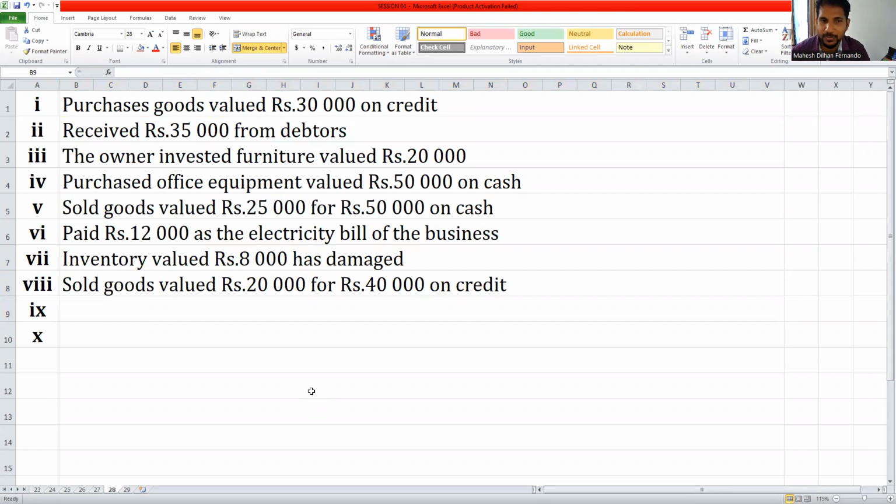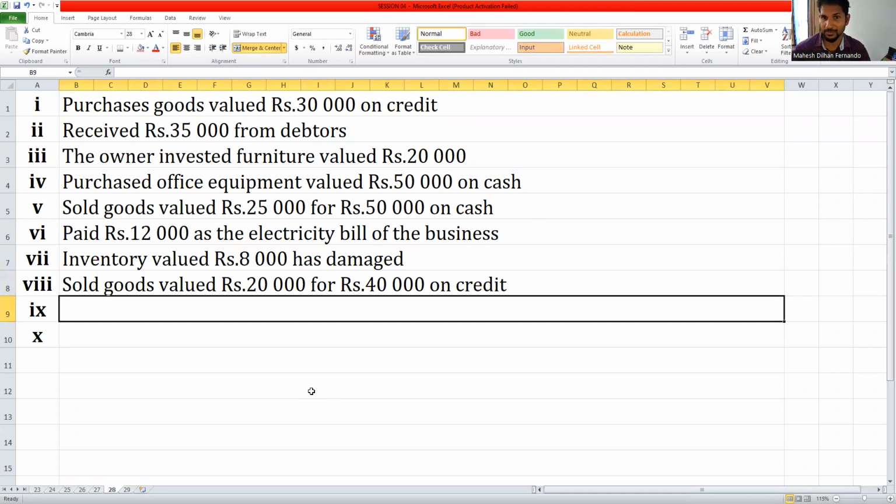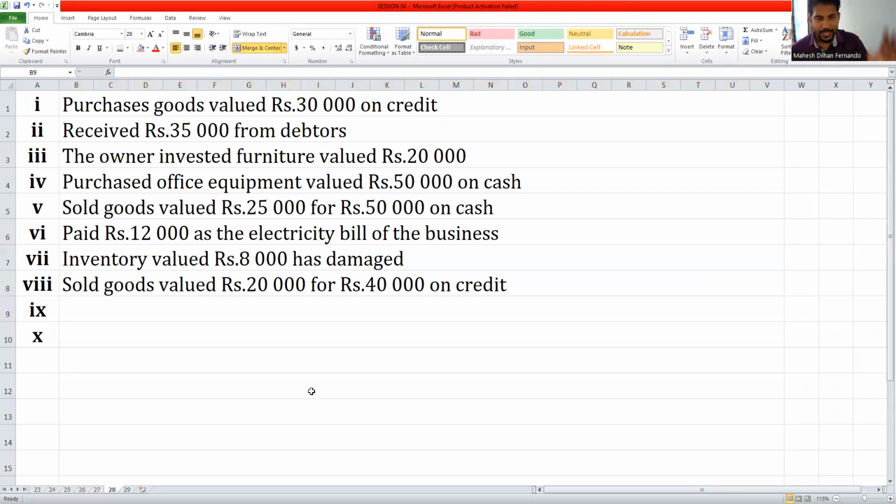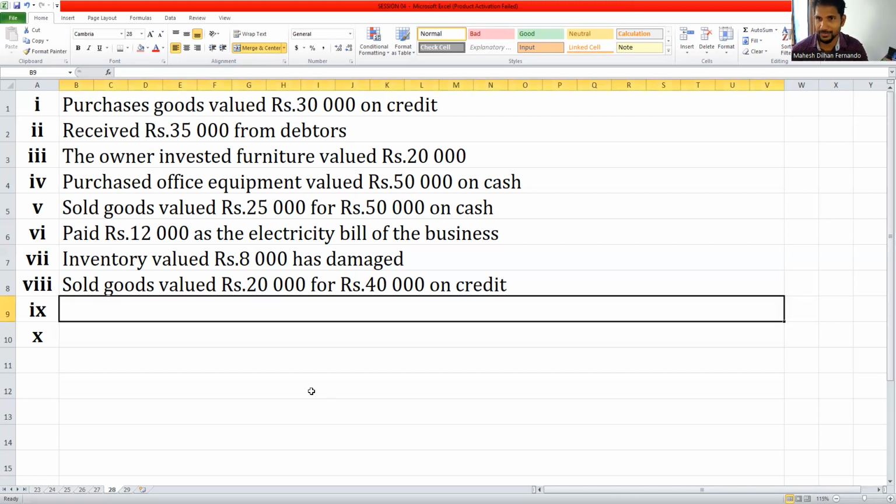Who can tell me the description of the 9th transaction? The impact is this: cash minus 20, bank loan minus 20. What is the description? Don't use the word tax.